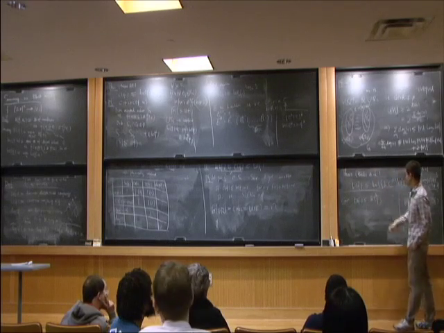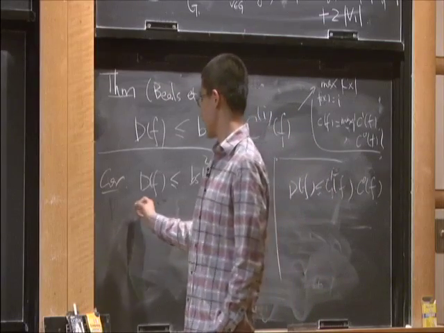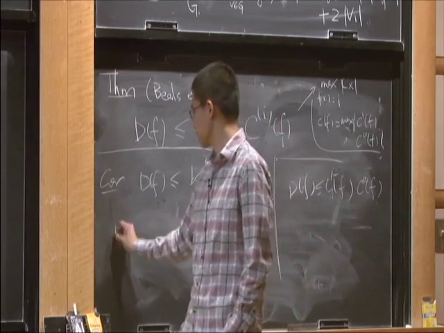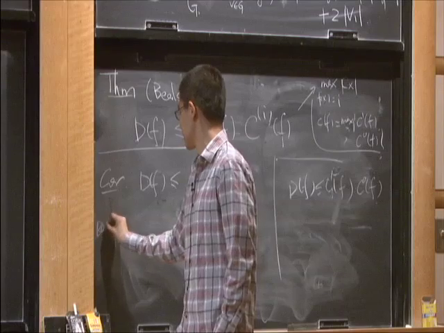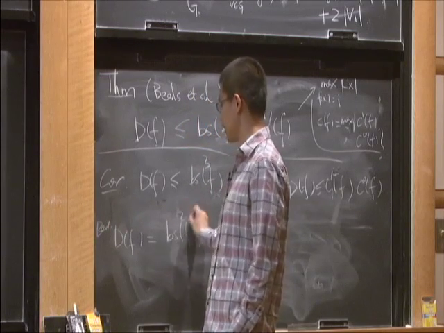Before talking about this proof, I want to mention that for this problem, the best construction that we know is D of f equal to the block sensitivity squared.